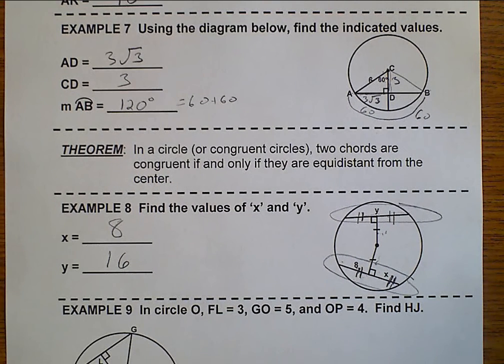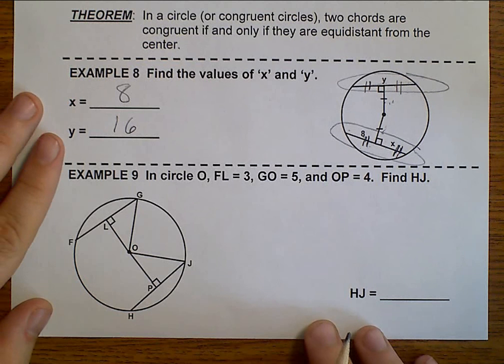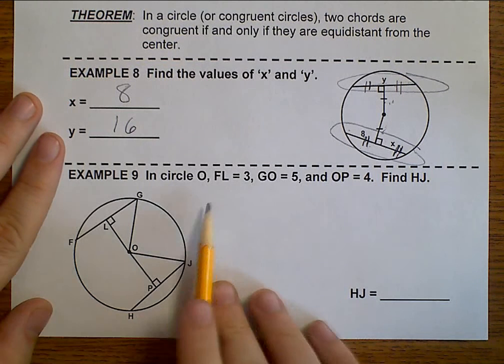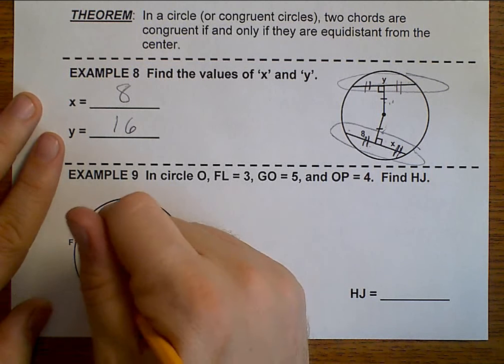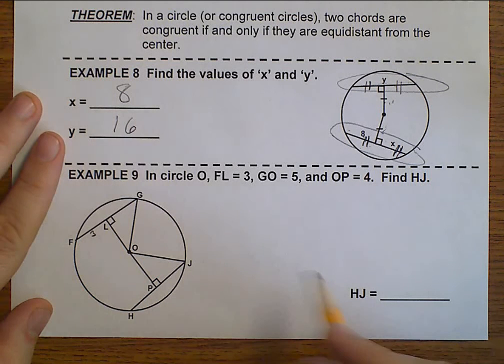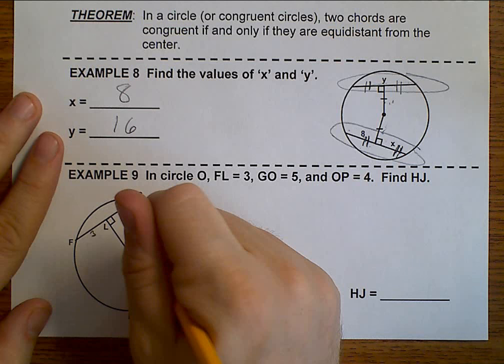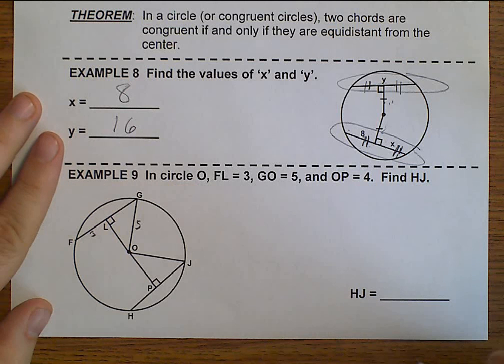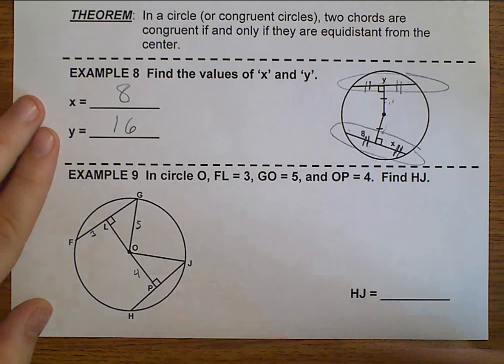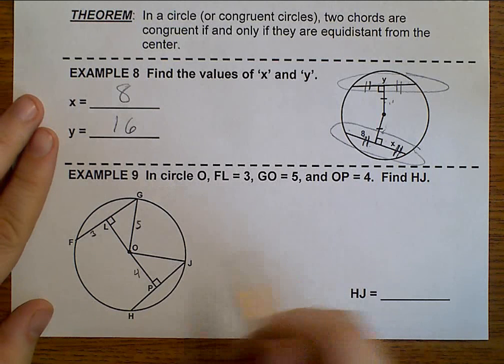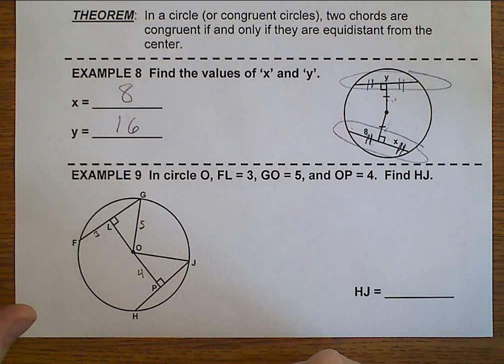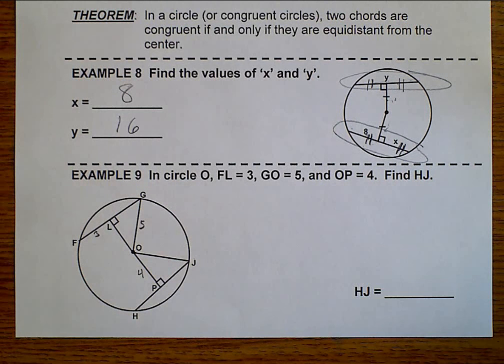Moving on to our last example, let's go ahead and start putting all of this together. In circle O, FL is 3. GO is 5. OP is 4. And we want to find HJ. Well, I'm looking at this and there's some things that I need to find out.